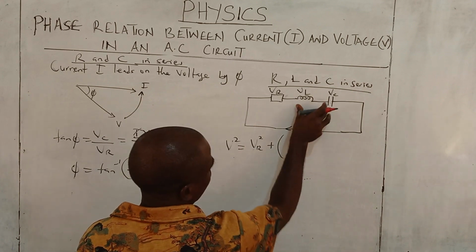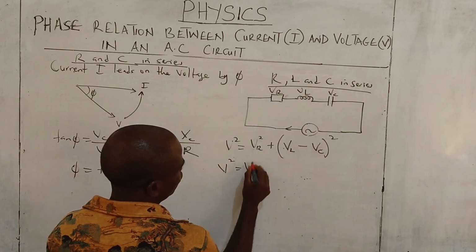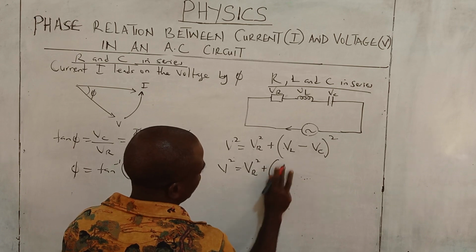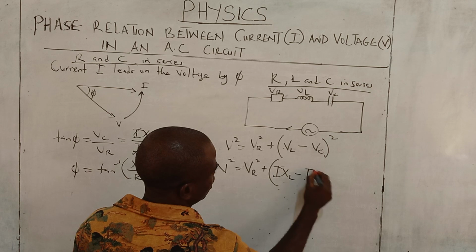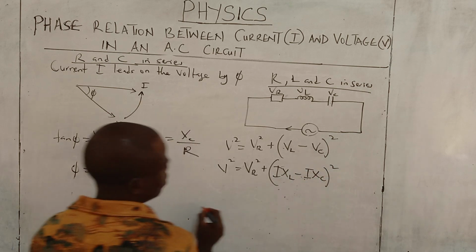open bracket, because this one is constant. When you open the bracket, you have VR squared plus IXL minus IXC squared.